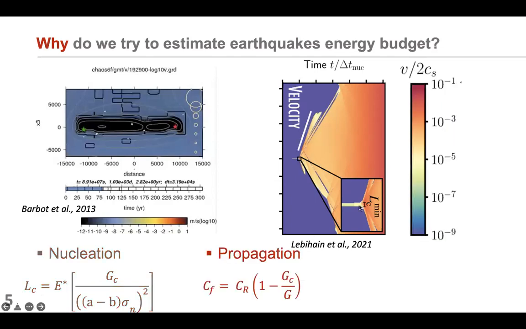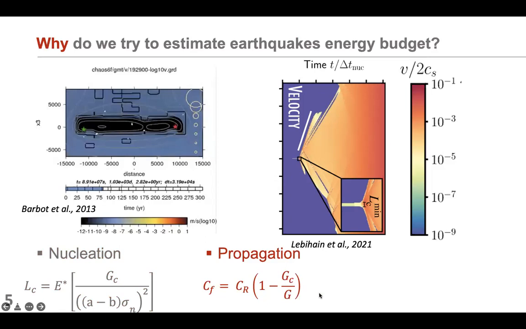The second thing that we can estimate, if we know the stress distribution and so the fracture energy along the fault, is the rupture velocity of the rupture front propagating along the fault, which is a function of the Rayleigh wave speed, of the effective fracture energy, of the critical fracture energy, and of the energy release rate at the rupture tip.